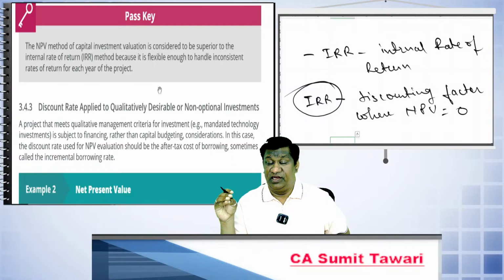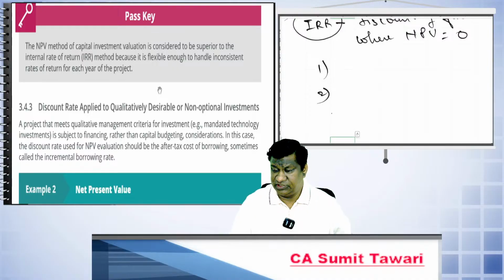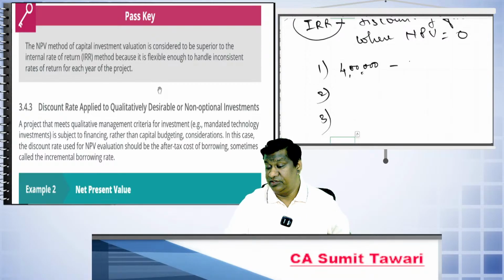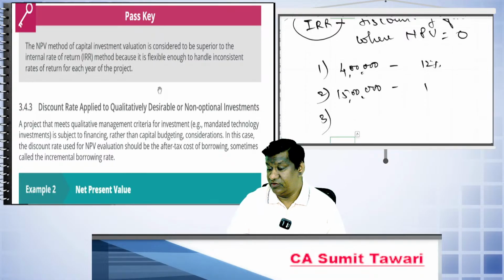If we just go with the IRR, let me tell you something. Say there is a project 1, project 2, and project 3. It requires an investment of 4 lakh, and it gives an IRR of 12%. This one is 15 lakh, IRR of 10%, and this one is say 5 lakh, which gives an IRR of 20%.